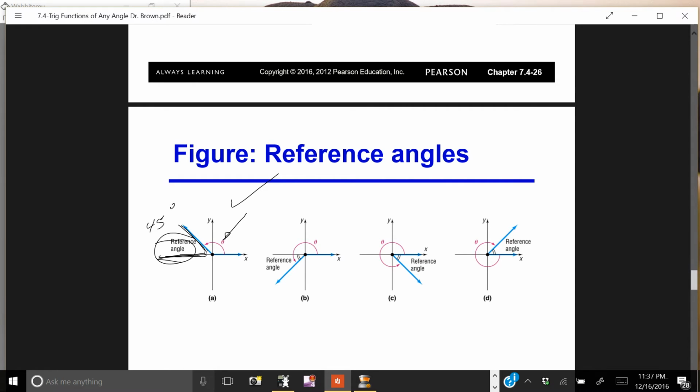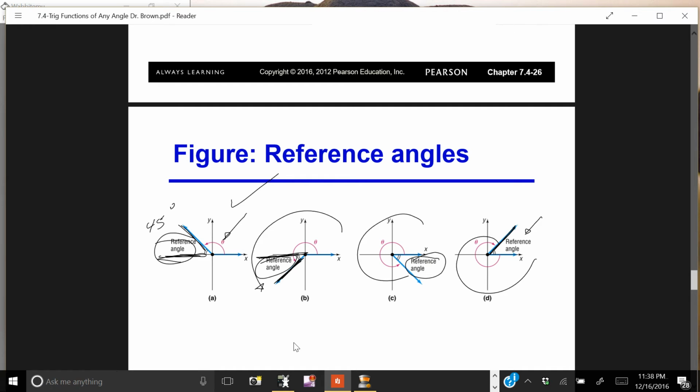If the angle goes all the way over here, the reference angle is the acute angle between the terminal side and the x-axis, and here again it would be about 45 degrees. Finally, if you go all the way around, the reference angle would be here, and then of course, suppose you had a negative angle that went this way, and this is the terminal side, this would be the reference angle.